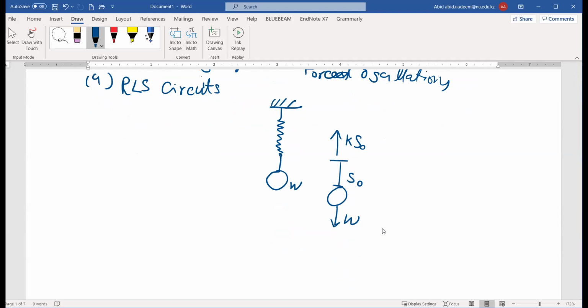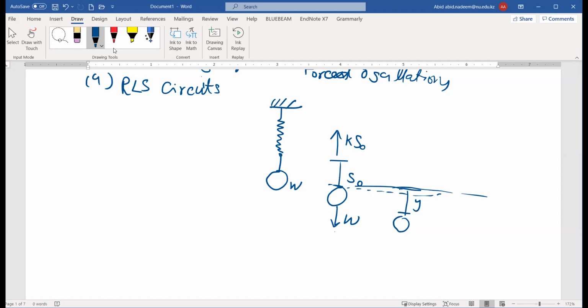Okay, so in this case, when there is an external force which is downwards, for example, if this mass is brought further down by a distance y from its equilibrium position, this level is the equilibrium, and then it is released, at that time the mass is in motion.